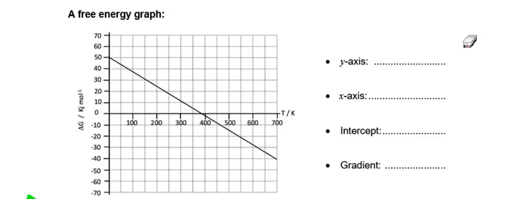Let's have a look at this graph, a free energy graph for a random reaction. It looks fairly complicated to start with. Let's break it down into its individual components. So first up, we can see that the y-axis is values of delta G, and the x-axis is temperature.